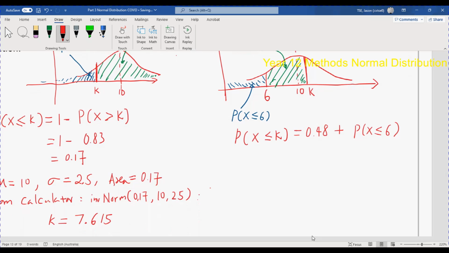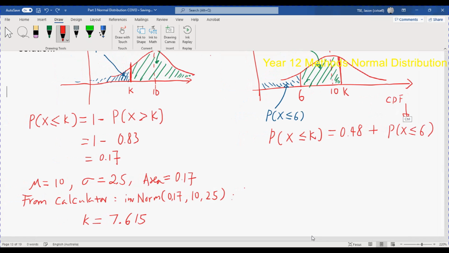So how can we find the value of P(X ≤ 6)? So let's go. Remember, for this one, you need to use the calculator. You need to use the CDF function in the calculator. With what?